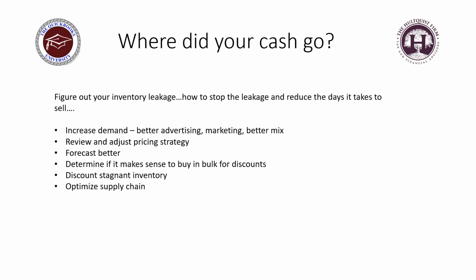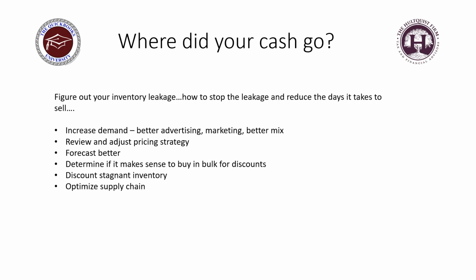And then it takes another 100 days to sell it. You're looking at three quarters of a year from the time you order your inventory till the time it sells. That's just crazy. That's a lot of cash out the door that's just sitting there, not even on your shelves.